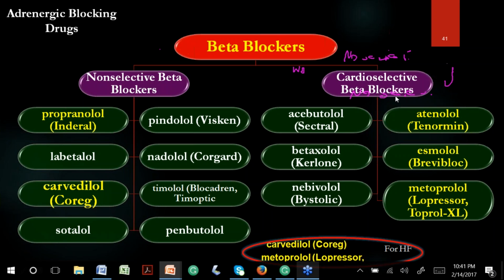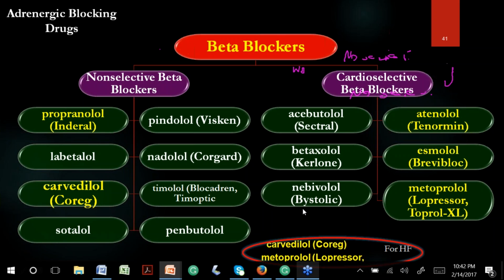If they don't affect beta 2, they can be used for people suffering from chronic lung diseases like COPD, asthma, and emphysema. On the other side, the non-selective beta blockers are contraindicated for patients who have asthma or another chronic lung disease, restrictive or obstructive.